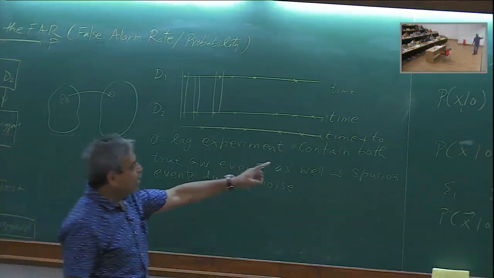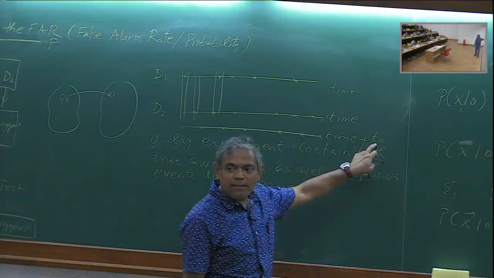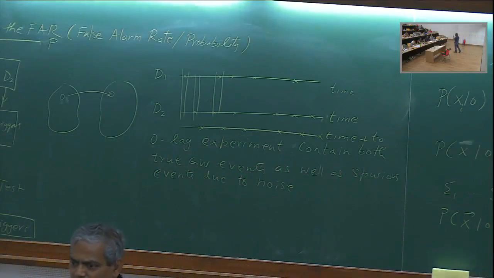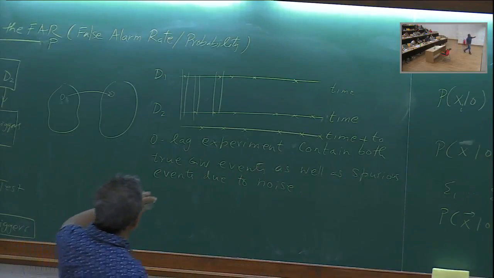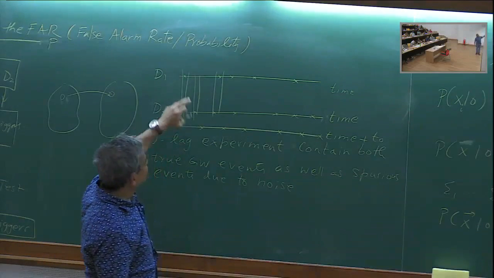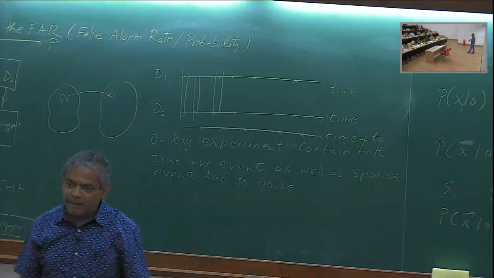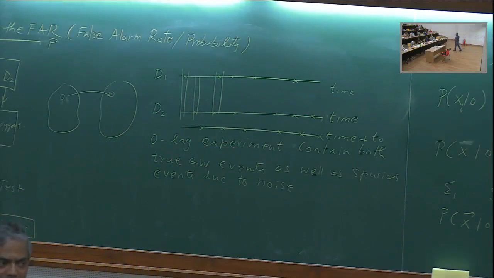If t naught is larger than the light travel time between the two detectors, then any coincidence I now find between triggers in the two should contain no gravitational waves, unless gravitational waves travel at not the speed of light, but something else.